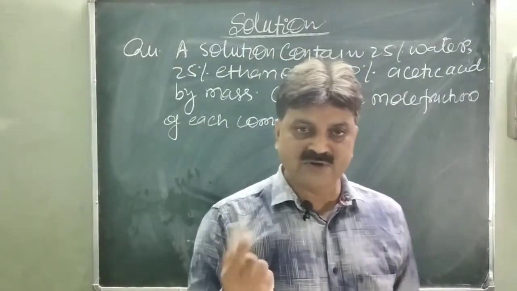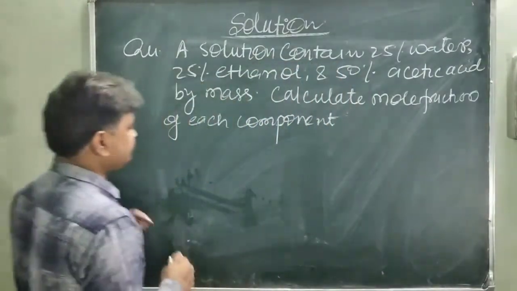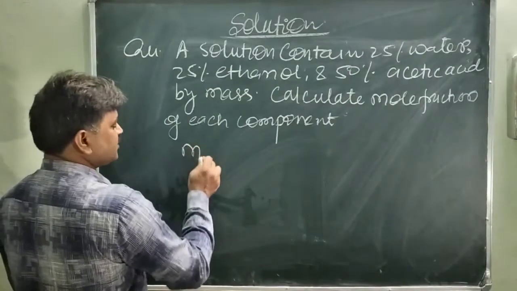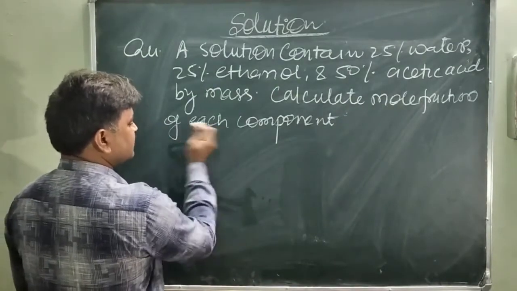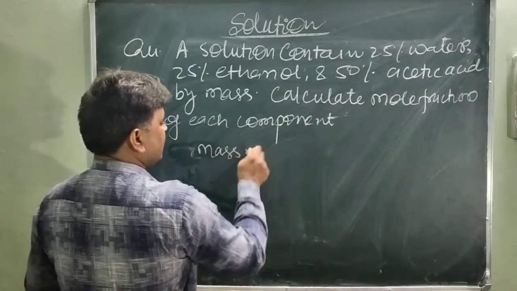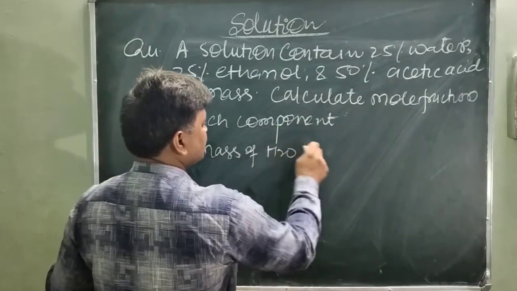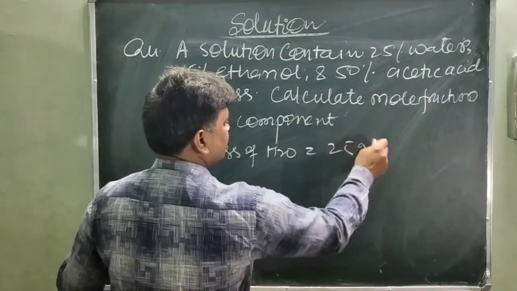So in 100 gram, it is obviously clear what the mass of H2O is. The mass of H2O in 100 gram, 25% means 25 gram.